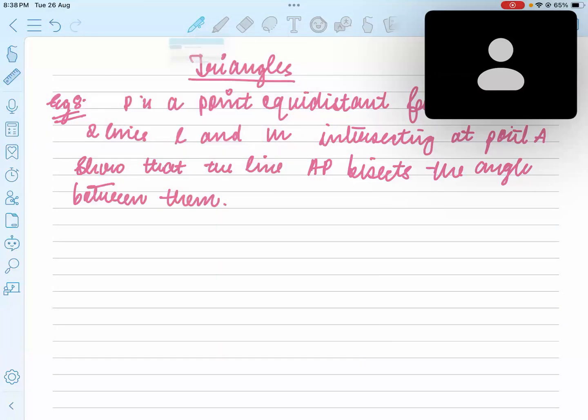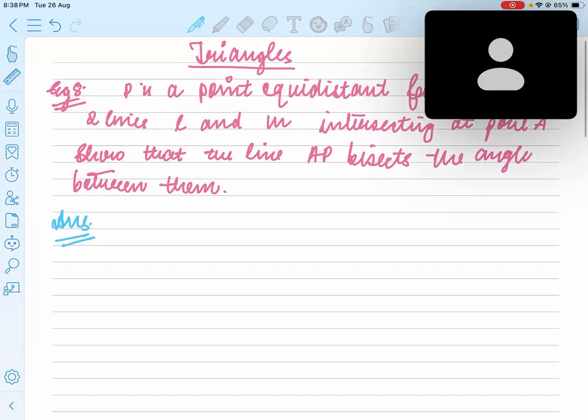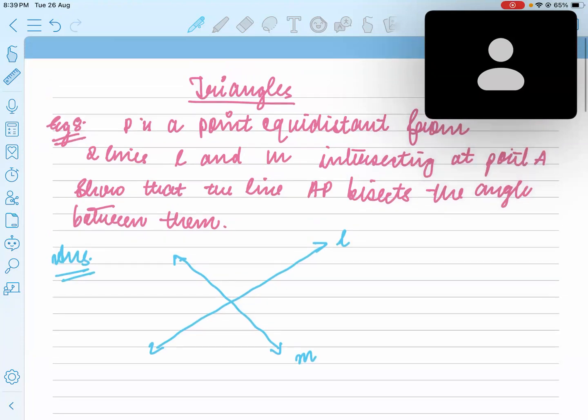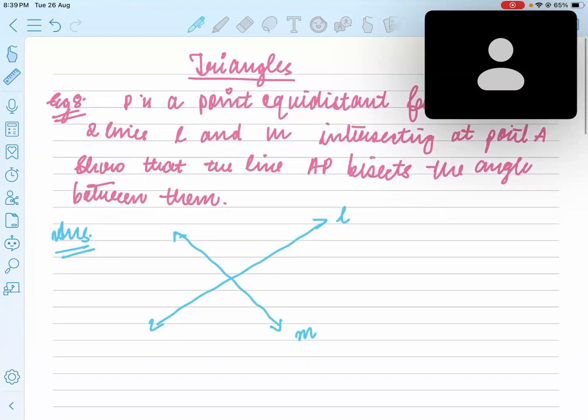Now, basically what is given here is that you have two intersecting lines L and M. The figure is also a part of the question only, so you don't have to worry how we'll draw. This is line M, and then you have a line L. It is given P is a point that's equidistant.